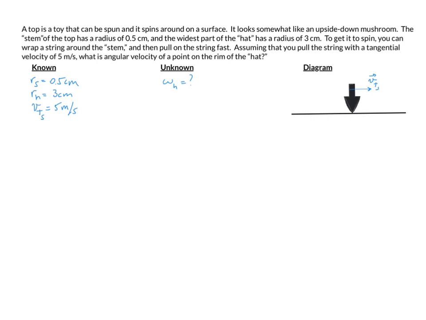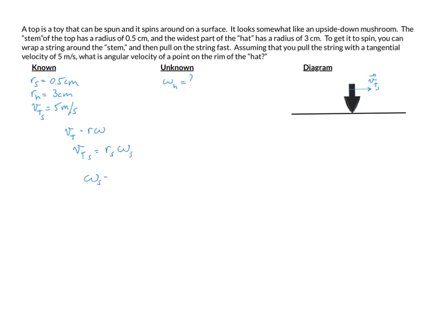So remembering that V tangential is r times omega, and since we know the tangential velocity of the stem and we know the radius of the stem, we can find this omega. So I'll call this V tangential stem is r stem times omega stem.